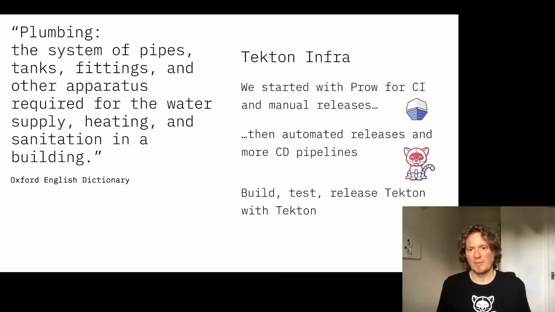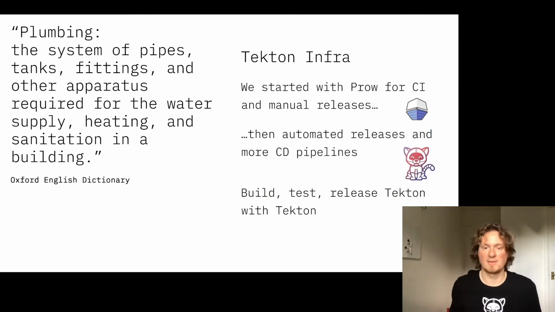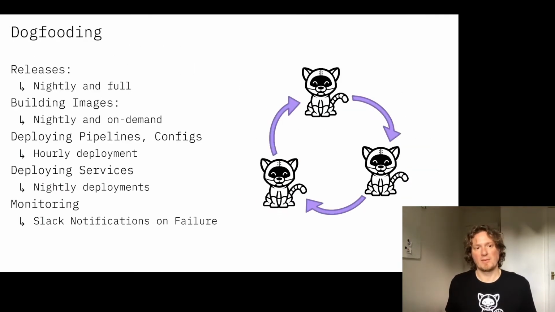But soon enough, we moved into automating things, and we wanted to use Tekton for that. And ultimately, the goal was to use Tekton for as much as possible of our automation needs, so for our plumbing needs. So we started looking into what we call dogfooding, using Tekton for building, releasing and testing Tekton.